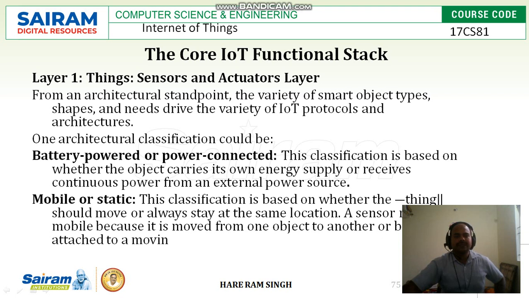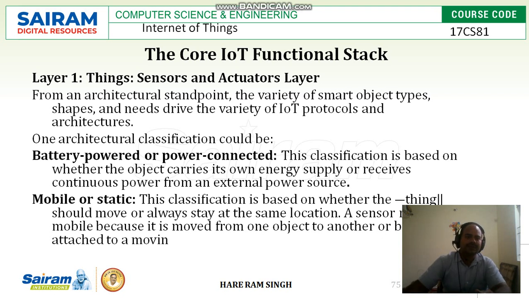So from an architectural standpoint, the variety of smart objects, types, shapes, and needs drive the variety of IoT protocols and architecture. Here, a variety of things or objects forms the things in the IoT. Based on different criteria, all the things are divided into different categories.